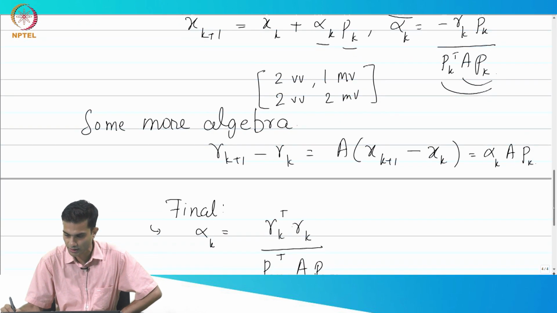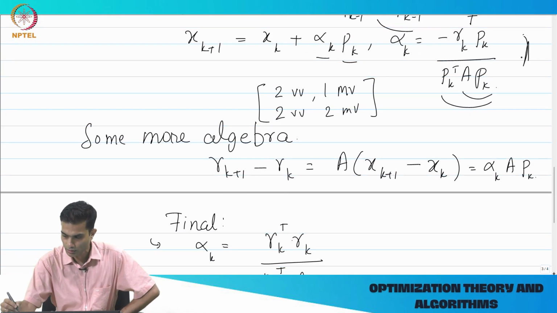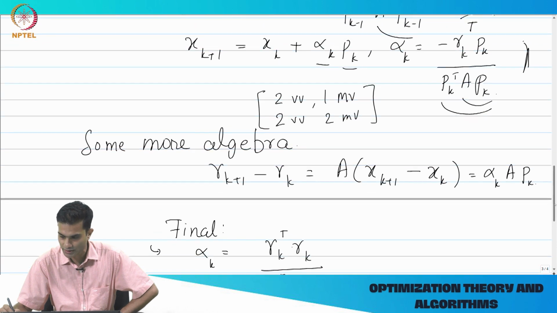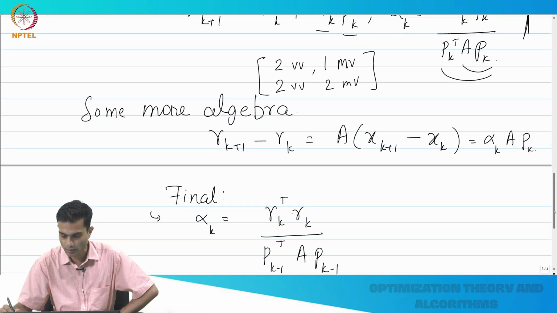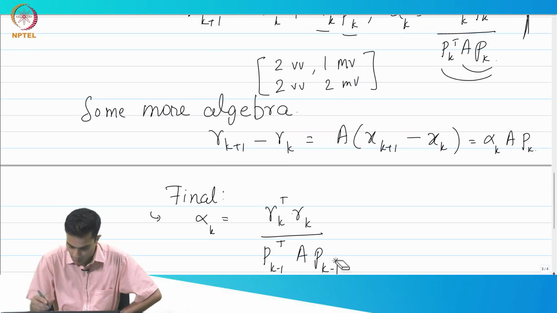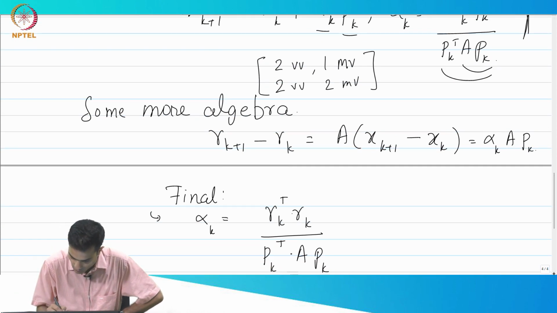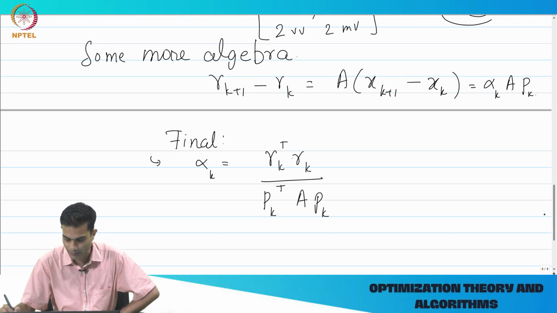Okay, what was the original expression is here on the top. So what has changed? The numerator has changed from rk transpose pk to rk transpose rk. Denominator, I think I made a mistake. This is still here. Okay, this is my alpha k.